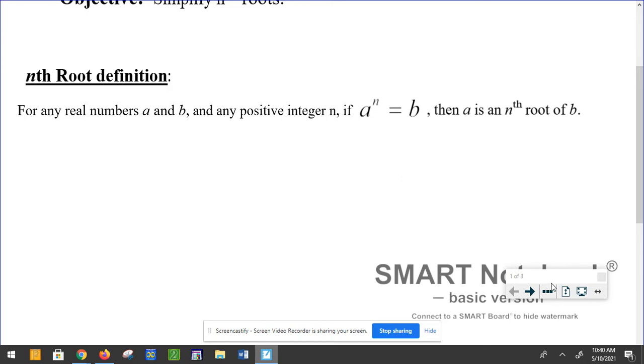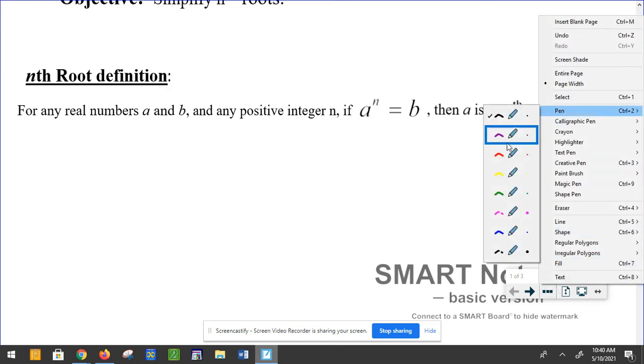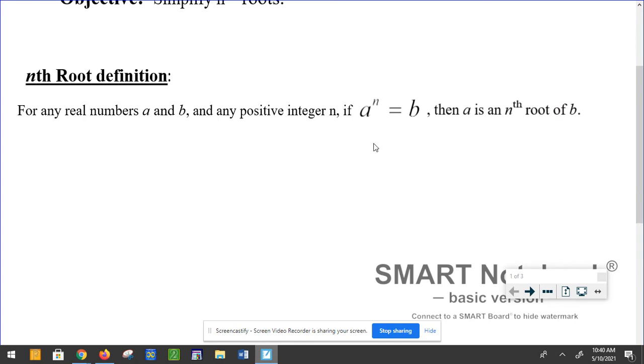So for instance, if you say that 2 cubed is equal to 8, which is true, then 2 is a cube root of 8. So these statements are interchangeable.